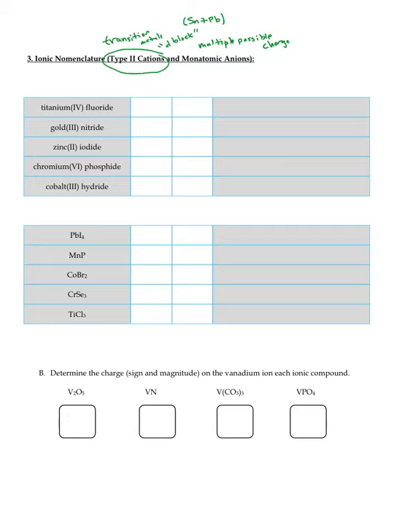Now, in this first table, we're going from name to formula. And here, dealing with type 2 cations is not difficult at all. In fact, maybe even easier than dealing with type 1 cations, because when you go to figure out your ions, the charge is represented as a Roman numeral in the name.